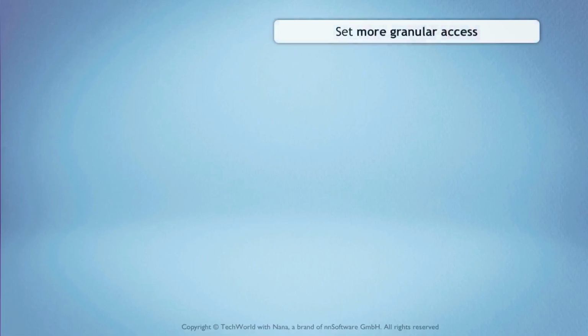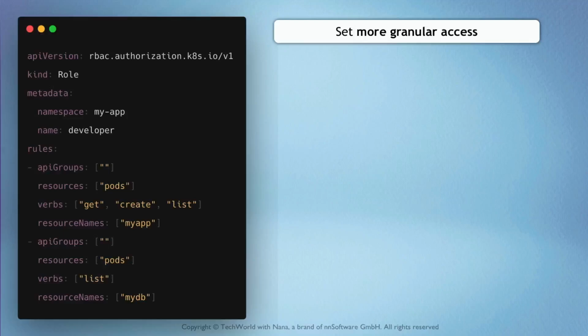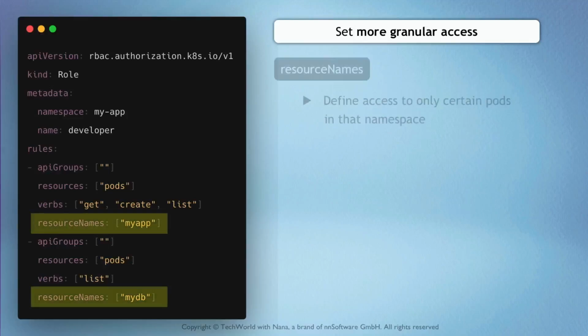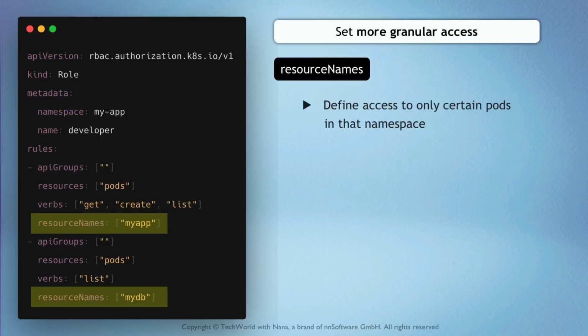You can also set access to resources even more granularly. For example, instead of giving access to all the pods in that namespace, you can define access to only certain pods in that namespace using resource name attribute.